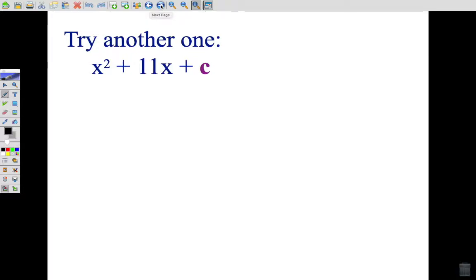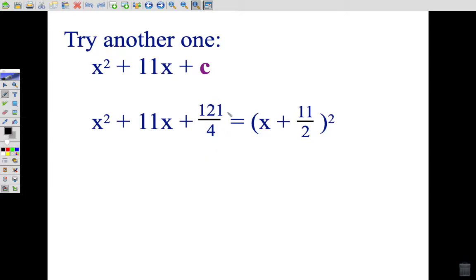So hopefully you remember, if you're squaring a fraction, you should square the numerator and the denominator. So if you're going to take B divided by 2, you'll have 11 over 2. Square 11, you get 121. Square the denominator, that was 2. Square 2, you get 4. So the number you need in the C position is 121 over 4. How was that created? That was 11 over 2, the quantity squared. And then you can factor it into x plus B divided by 2, all of that entire sum squared.